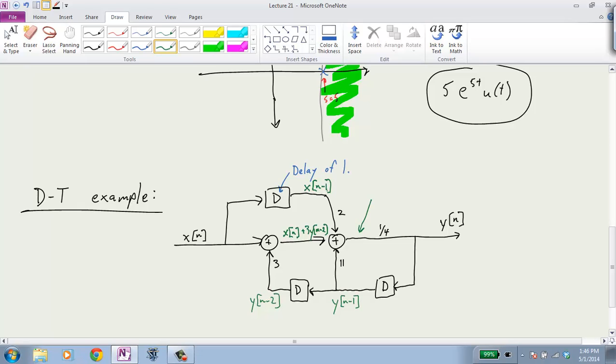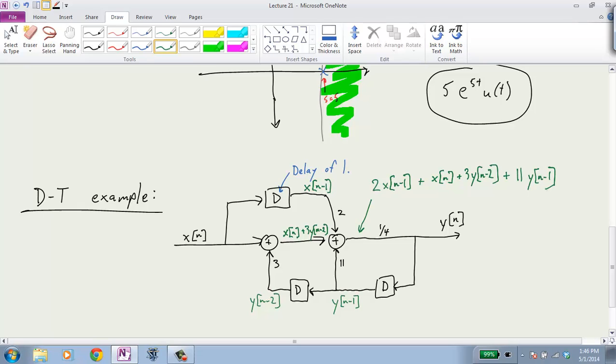All right. So we get 2x of n minus 1 plus what came into the node from the left, which was x of n plus 3y of n minus 2, and then plus the part that comes in from the bottom, which is 11 times y of n minus 1.